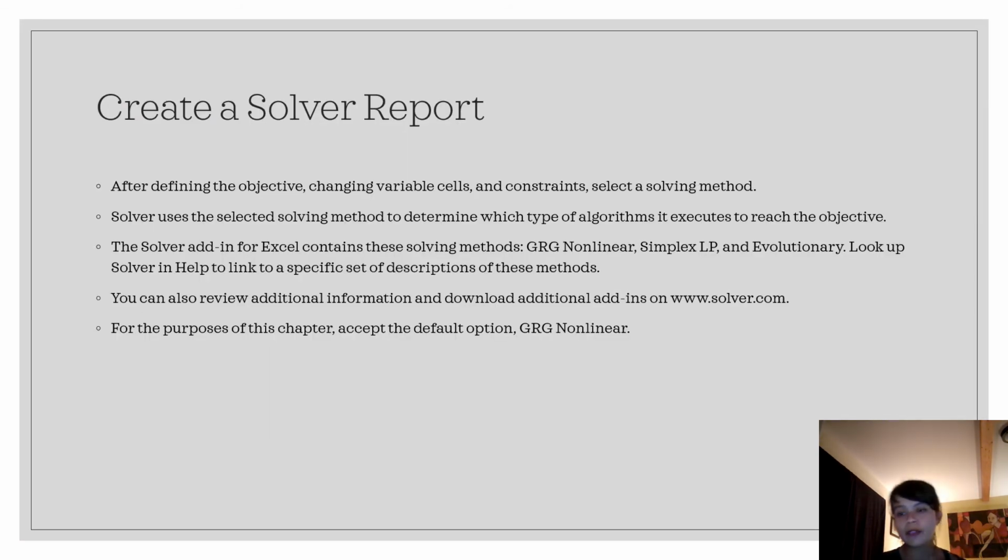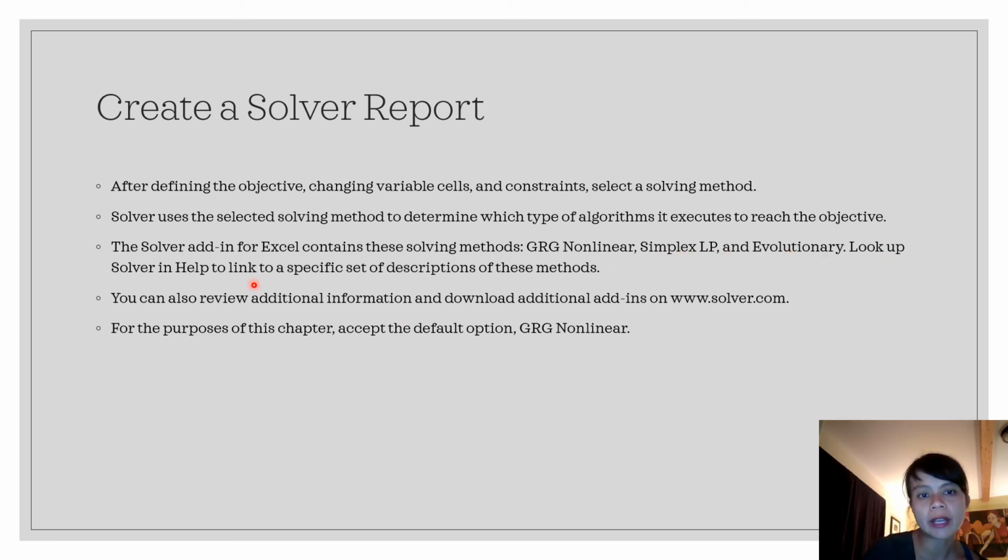All right, so after you have solved with the Solver, we create a Solver report. After defining the objective, changing variable cells and constraints, you select a solving method. The Solver uses the selected solving method to determine which types of algorithms it executes to reach the objective. The three different solving methods are GRG nonlinear, simplex LP, and evolutionary.